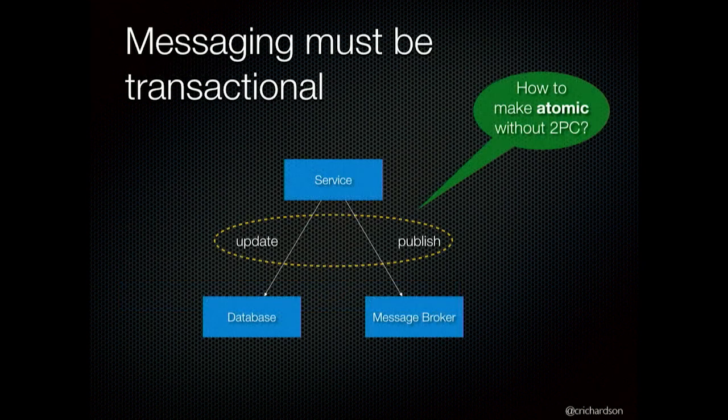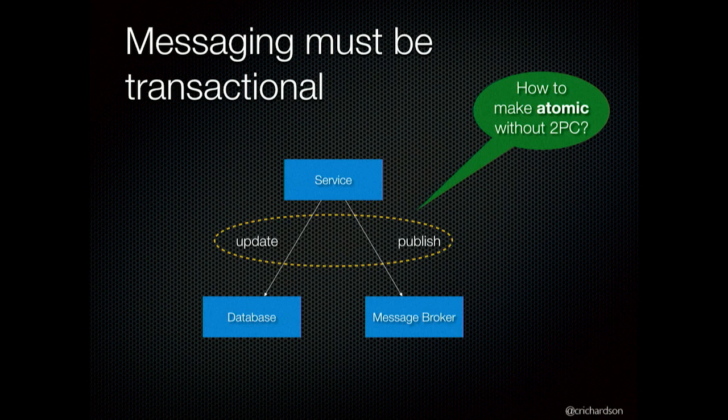So if you think about the fundamental sequence of operations, with sagas, each step of a saga has to update the database and publish a message or send an event. And likewise, if you're using CQRS, whenever the command side data model is updated, you need to publish an event.